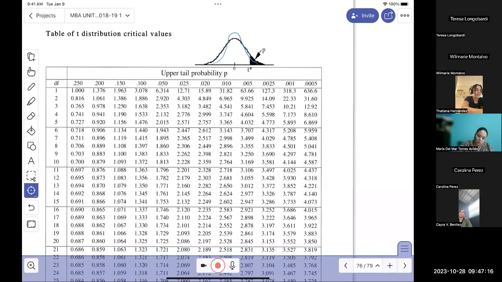So we work with the degrees of freedom. Degrees of freedom is the sample size minus 1, but sometimes I'll just say it matters what the sample size is. And you'll notice what's happening as you're going down. The higher the sample size, values that were previously over here go closer to 0, right?